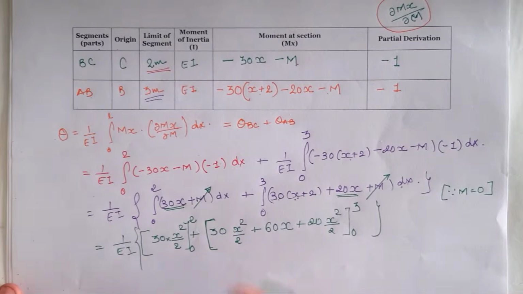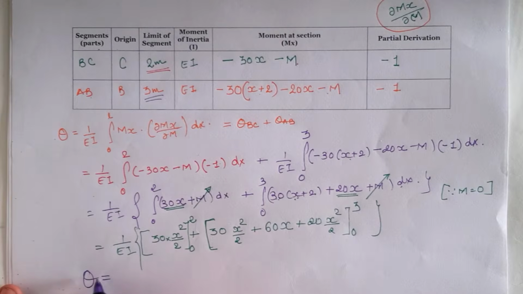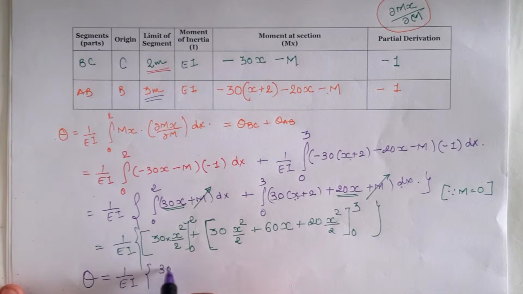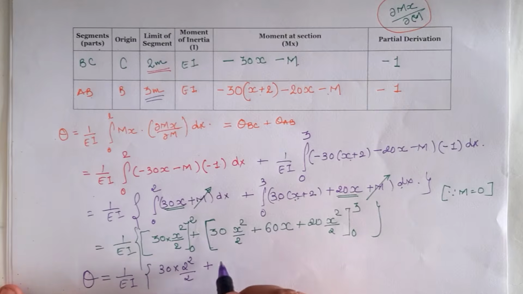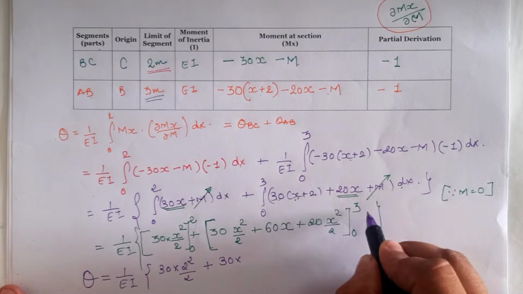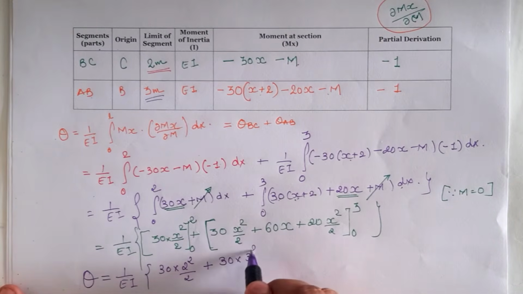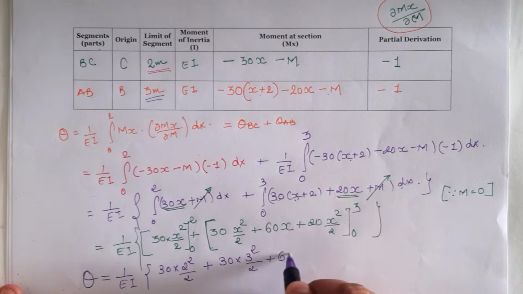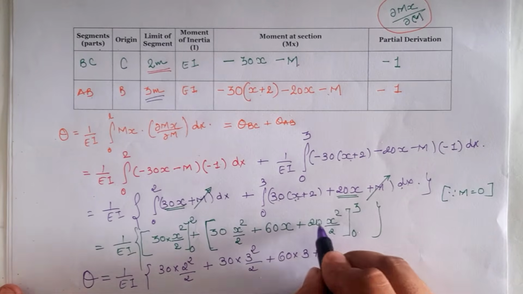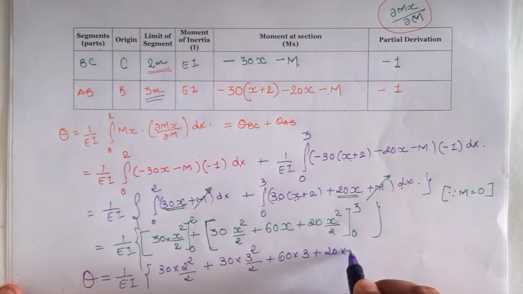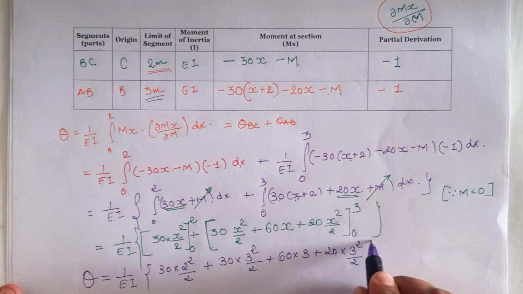Now closing the limits, we will have the value as 30 times 2 square by 2, since the upper limit is 2, plus for the rest term 30 times 3 square by 2 plus 60 into 3 plus 20 into 3 square by 2.